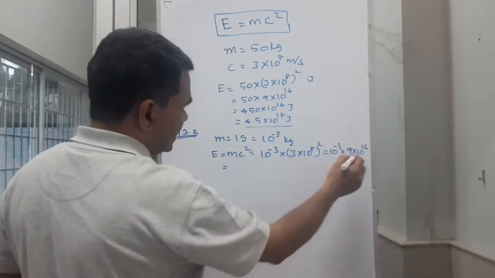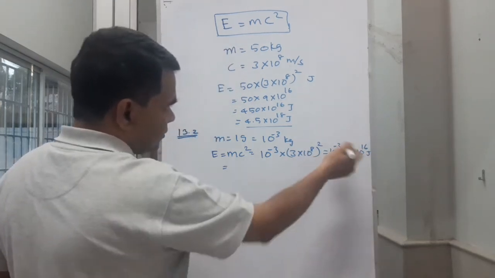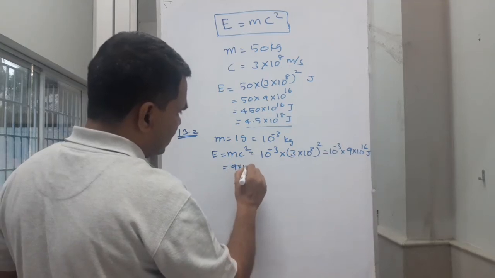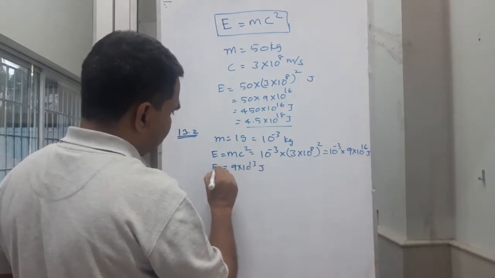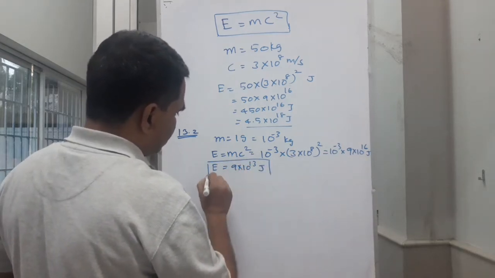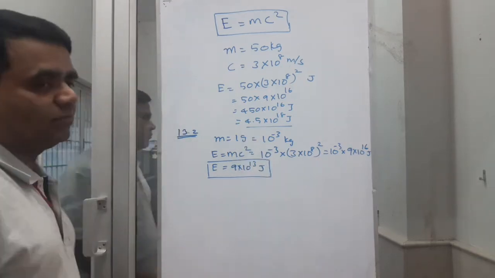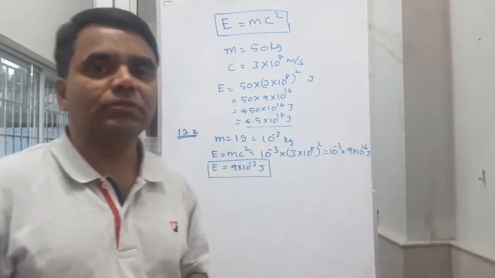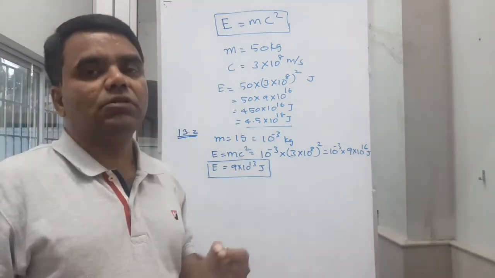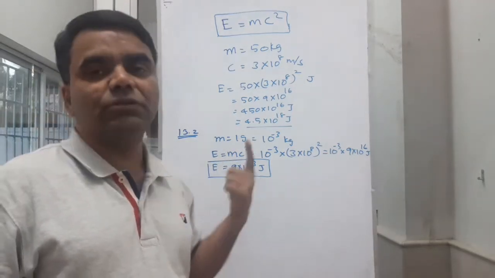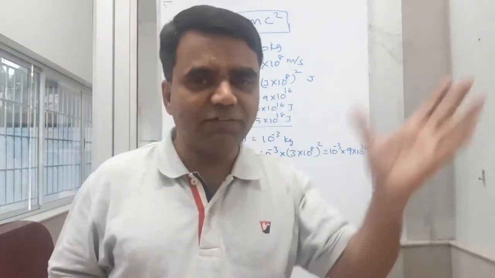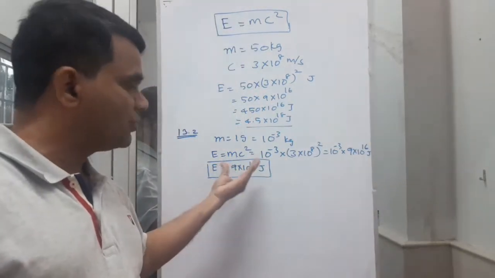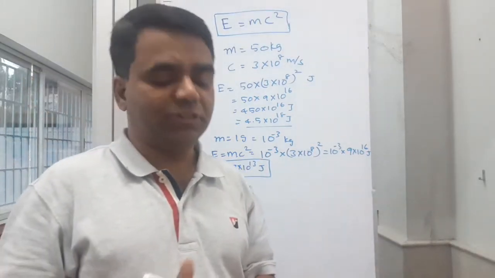So energy you're going to get so many joules. It's going to be 9 into 10 power 13 joules. Again, it's an enormous amount of energy. Just 1 gram can produce a lot of energy. Take 1 gram, make it vanish, then you can produce this amount of energy.